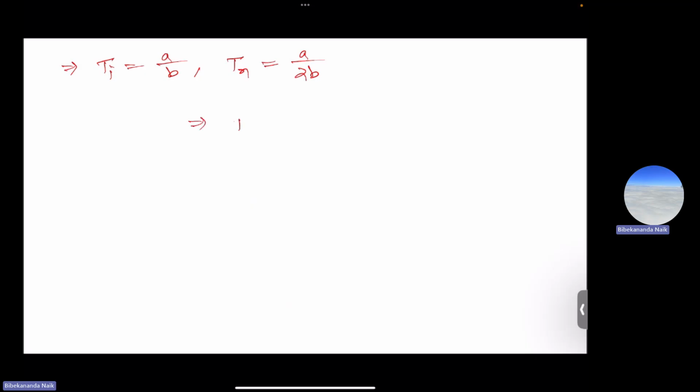That implies Tn equals Ti by 2, or Ti equals 2Tn.